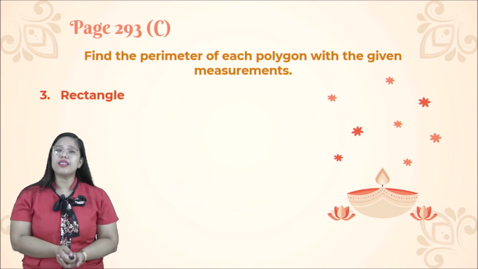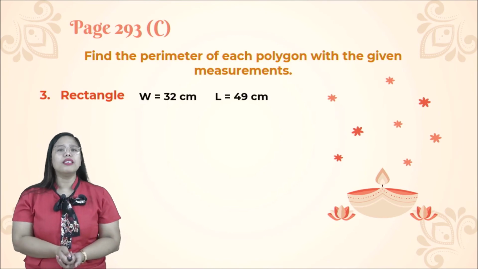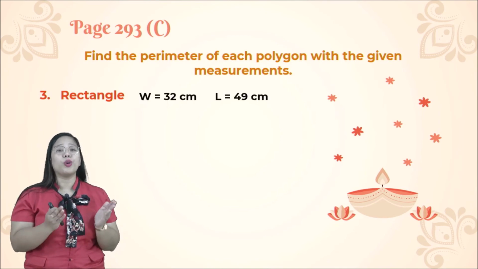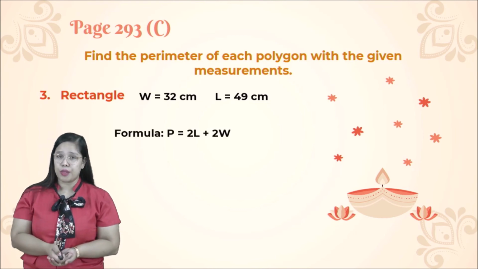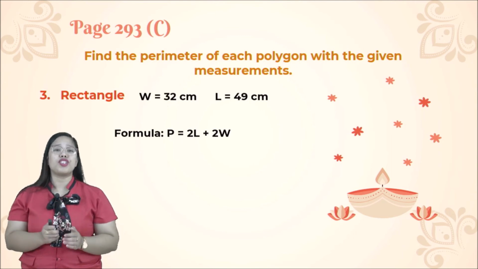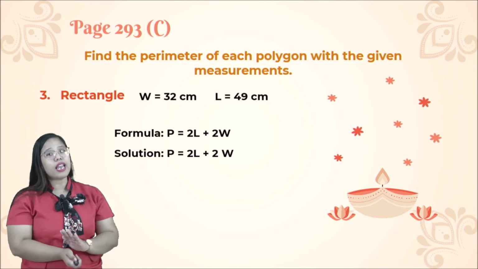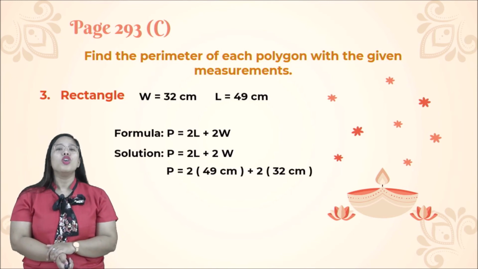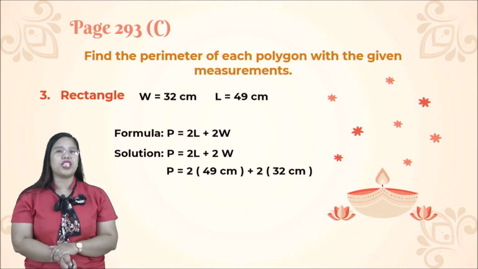Next one, kids, we have a rectangle. A rectangle which measures 32 centimeters for the width and 49 centimeters for the length. So our formula will become 2L plus 2 width. So we will just substitute the value of L and the value of the width. 2 times 49 centimeters plus 2 times 32 centimeters.